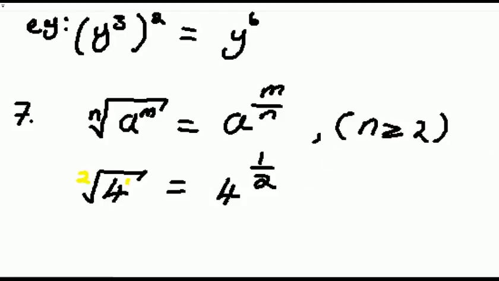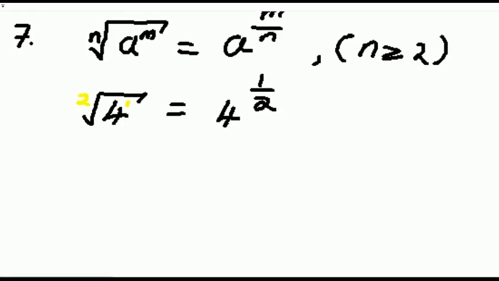So if you remember, we said that our power just tells how many times our base is multiplied. So our 4 is multiplied by half, which is going to give us a 2.